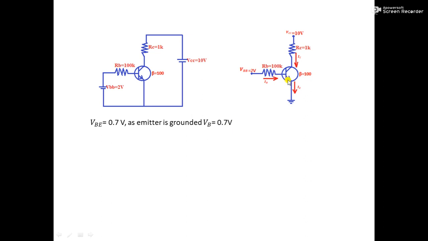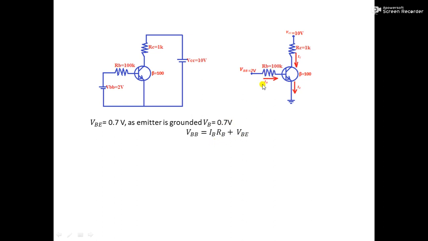VBE, as it is forward biased, is 0.7 volt, as we learned in the last lecture. Since the emitter terminal is grounded, the base terminal has the potential VB equal to 0.7 volt.